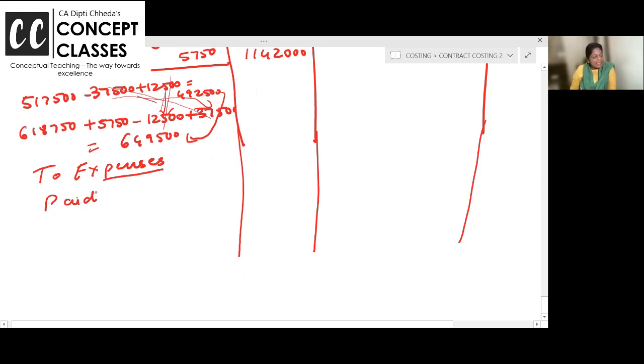How much is the expenses what you have paid? कितना expense आपने pay किए? 2,25,000. I'm waiting. Still anyone wants to give the answer? In the second year you have paid 375.